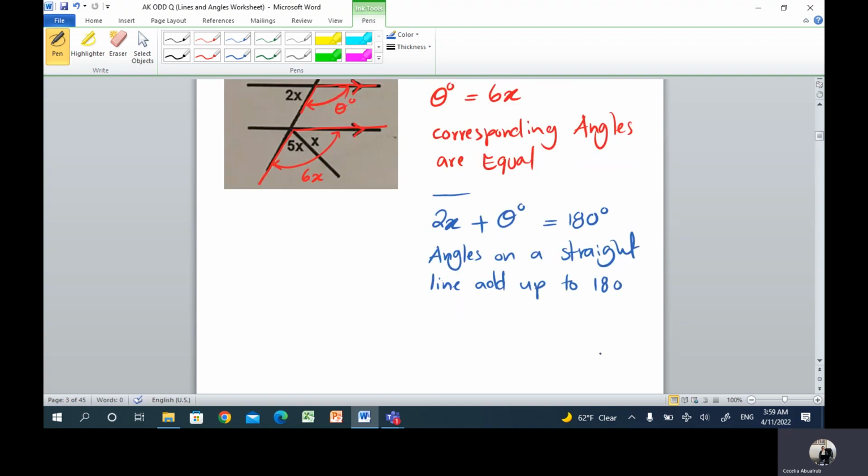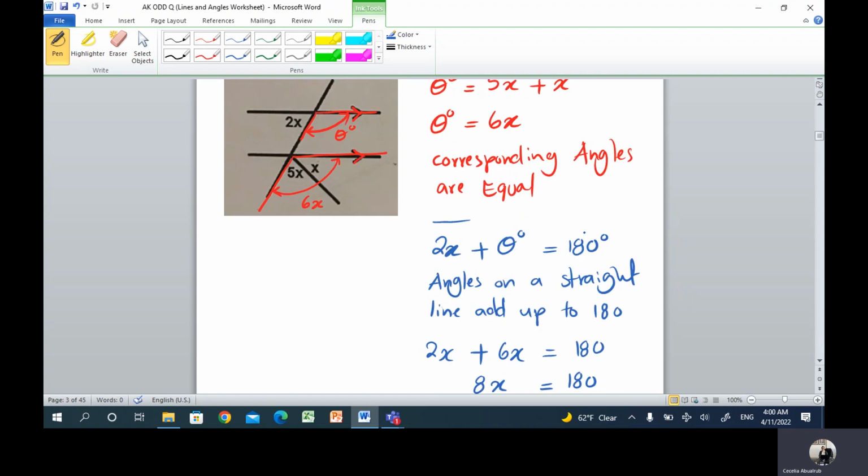Okay, so let's replace theta with 6x. So 2x plus 6x is equal to 180 degrees. So 2x plus 6x will be 8x, equal to 180. And x is equal to 180 divided by 8. And the answer will be 22.5.